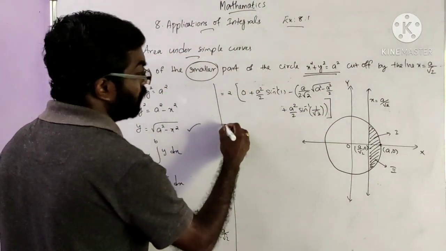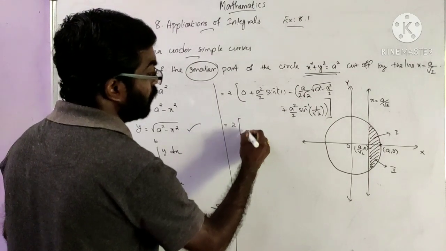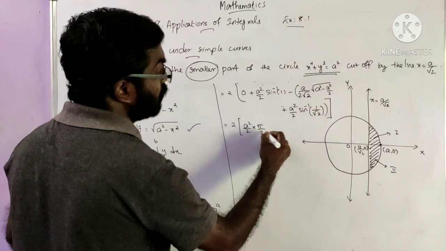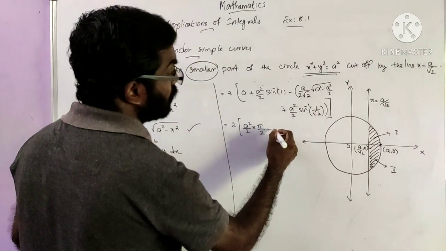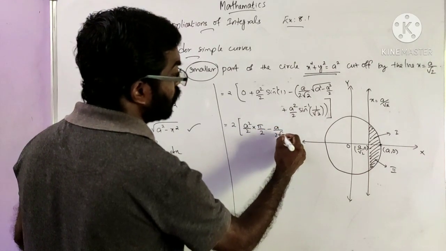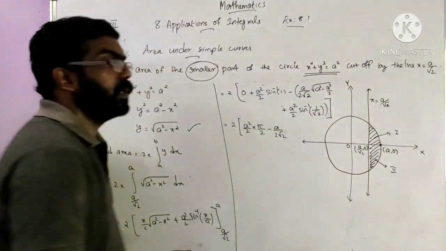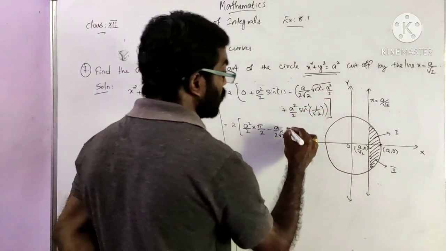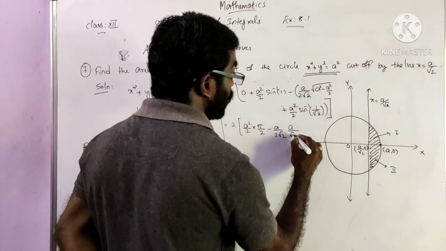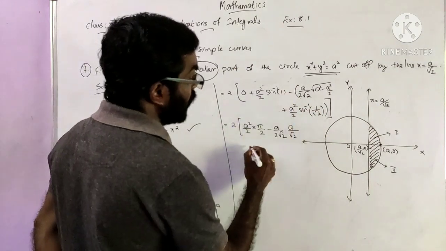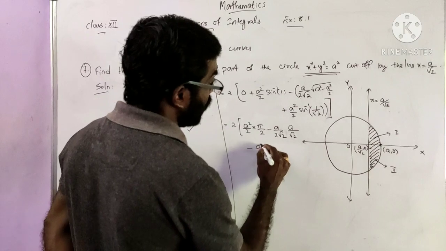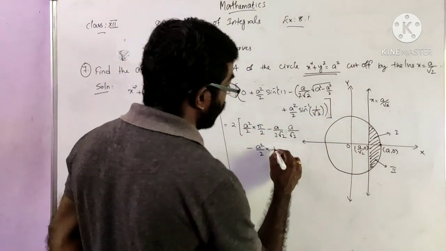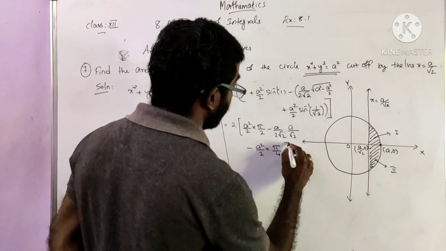That is 2 × [(a²/2) sin⁻¹(1), which is π/2, then minus a/(2√2) × √(a²/2). 2a² − a² is a², so a²/2; after taking the square root, we can write a/√2. Then minus (a²/2) sin⁻¹(1/√2), which is π/4.